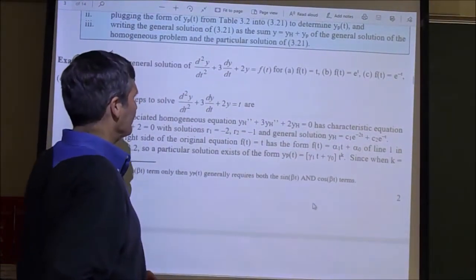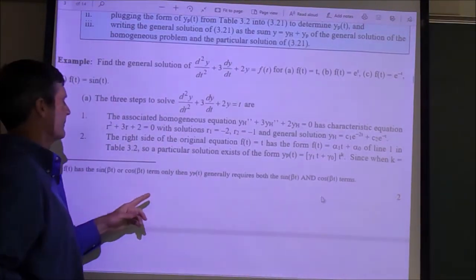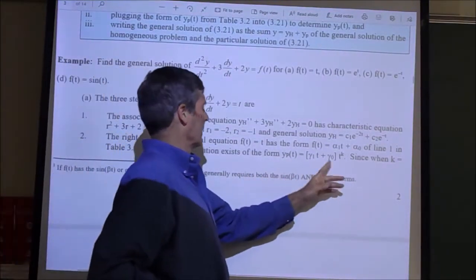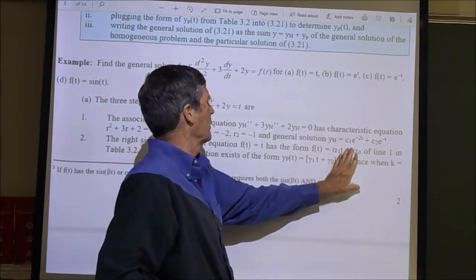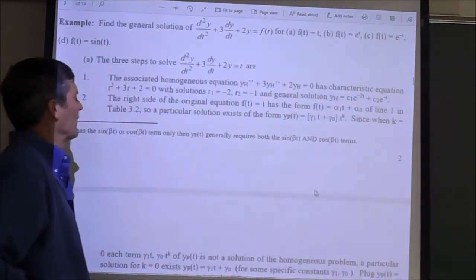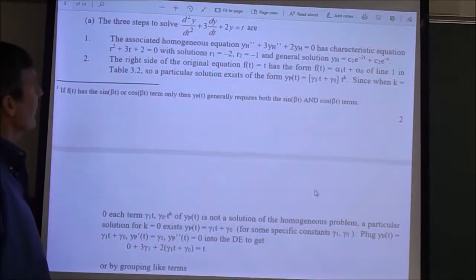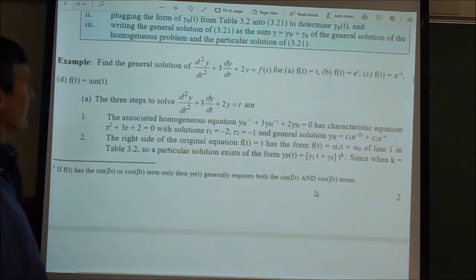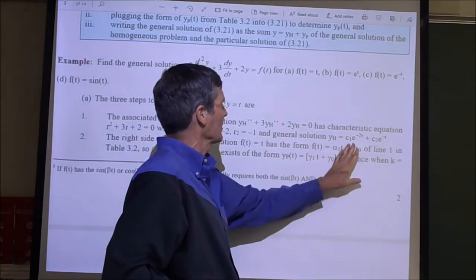I'll try k equals 0. I'll just look for a solution gamma 1 t plus gamma 0, where gamma 1 and gamma 0 are unknown coefficients, just constants. And I plug it into the differential equation. I look first at the homogeneous solution. The homogeneous solution doesn't have any constants or constant times t in it.